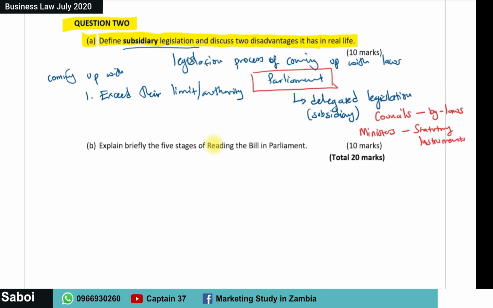And I'll give you an example. There was a time when I think the Minister of Local Government that time was Ben Tentamashimba, some years back. What he did was he issued a statutory instrument to move the mayoral elections.